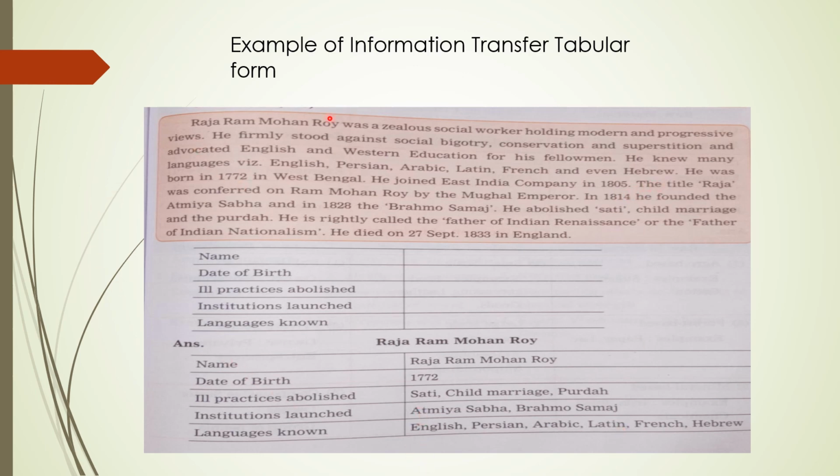So we have transferred this information which is given in a paragraph in the form of a table or a tabular form. So this kind of information transfer is called verbal to non-verbal. And students of standard 6, you are doing only this kind of information transfer, tabular form, verbal to non-verbal.